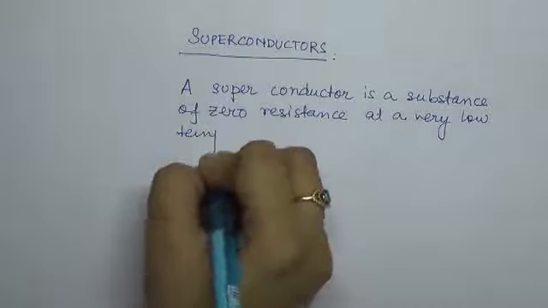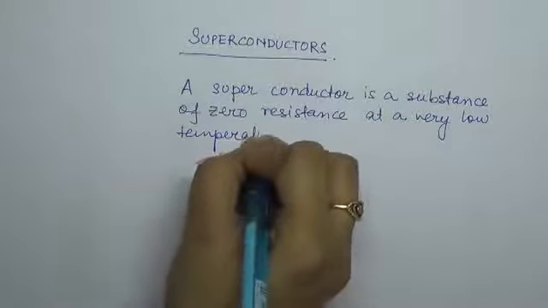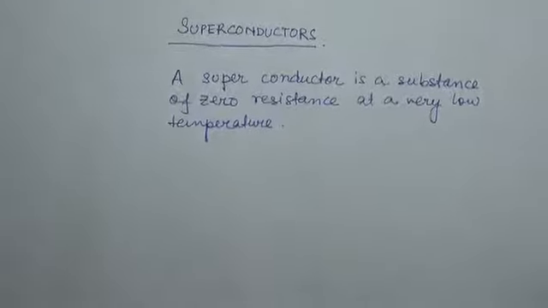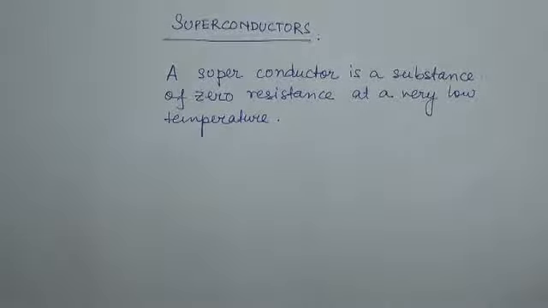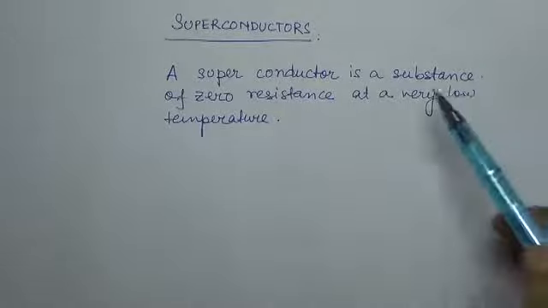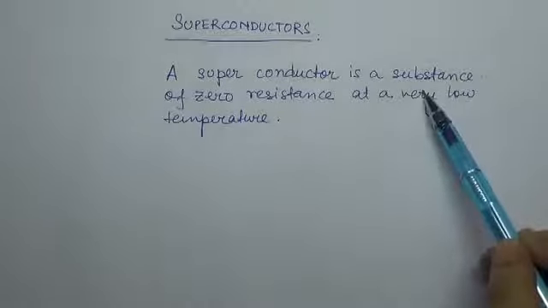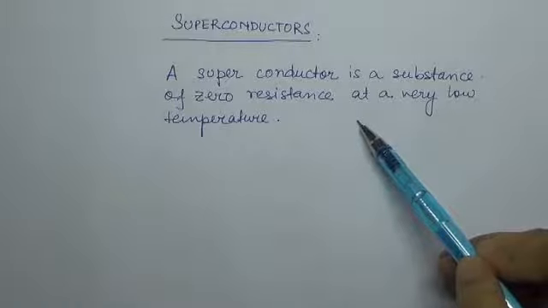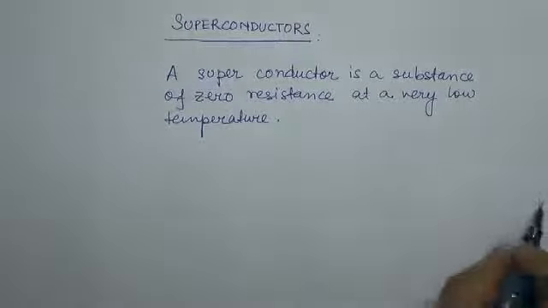What does this mean? I have already told you, be it any metal, no metal can be free of resistance. So basically there is no metal which has zero resistance, but there are metals which at very low temperature show zero resistance. For example, metal like mercury.